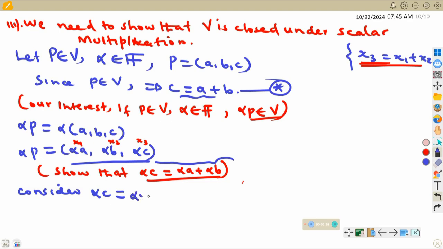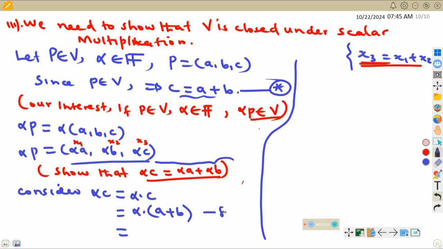This is alpha times C, which is the same as alpha times what is C? According to what we already have here, C is the same as A plus B. This is from equation star.